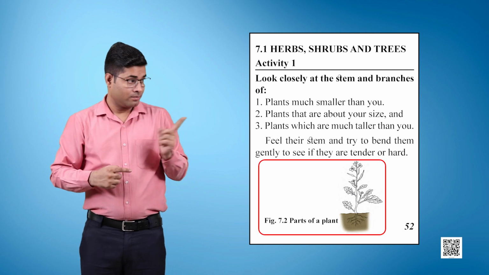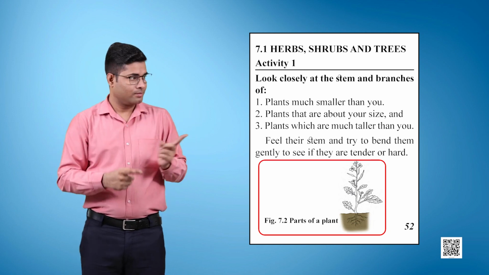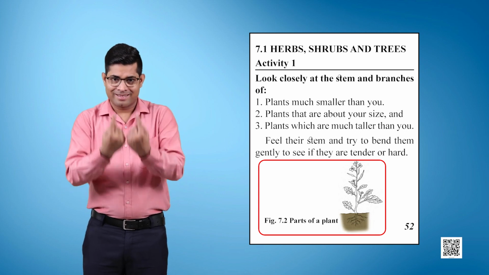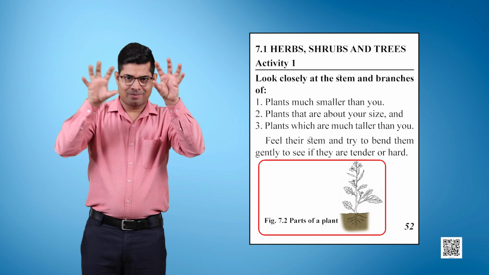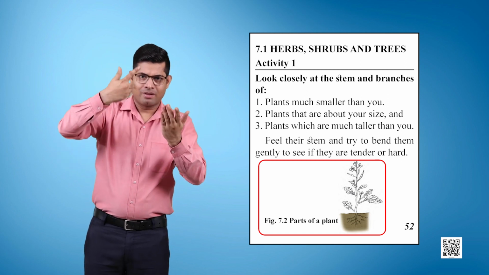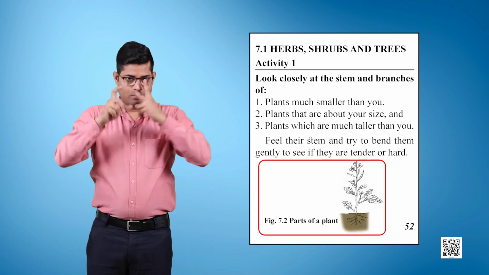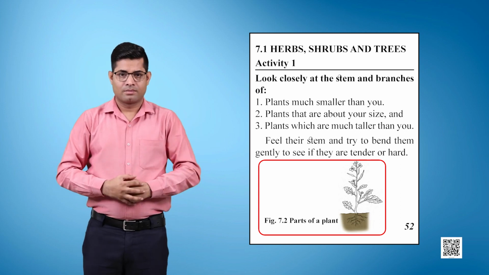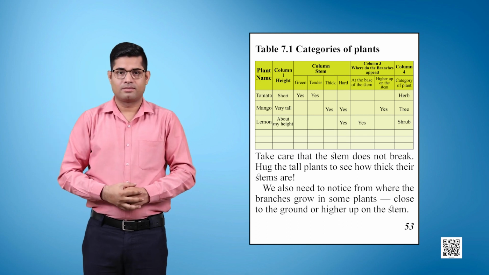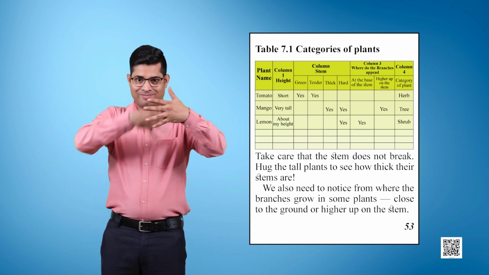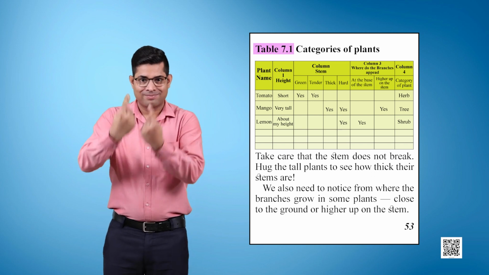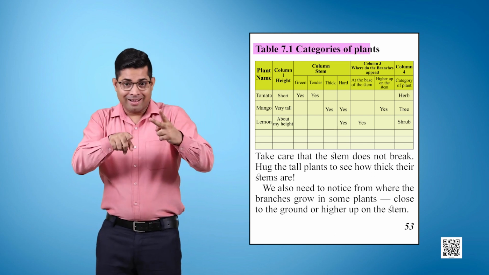Figure 7.2. Parts of a plant. Page 53. Table 7.1. Categories of plants.